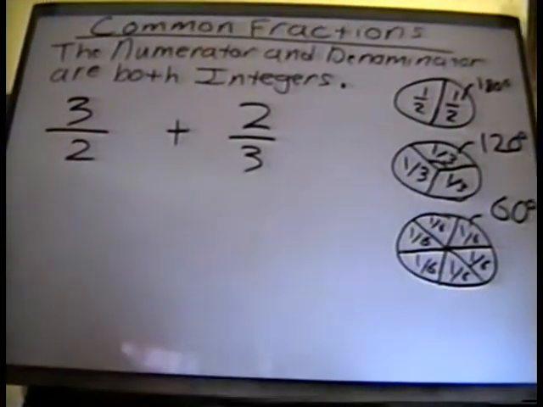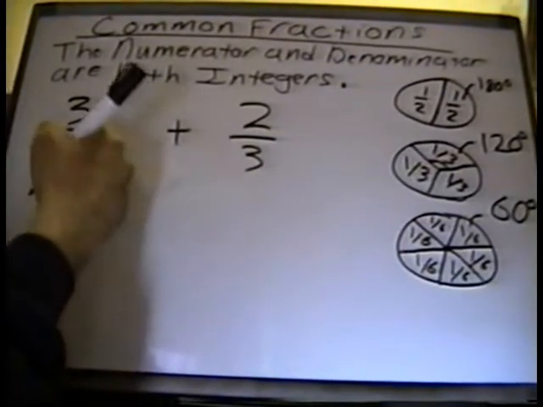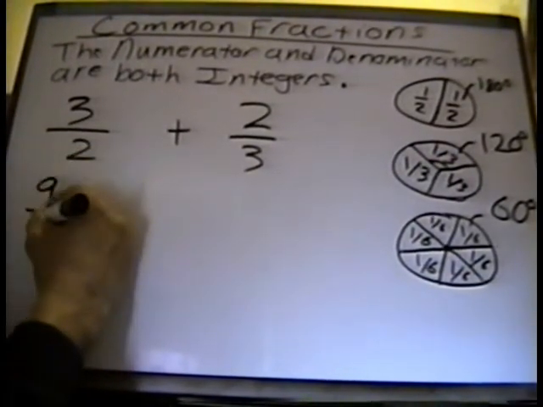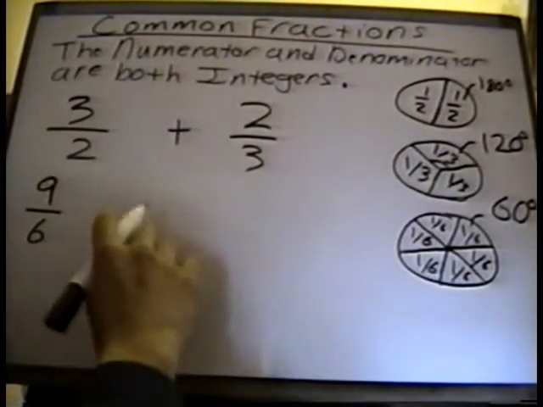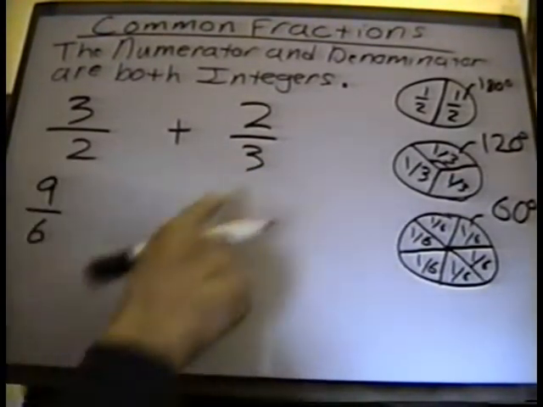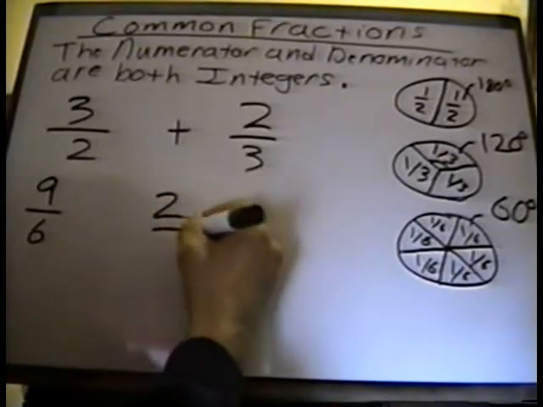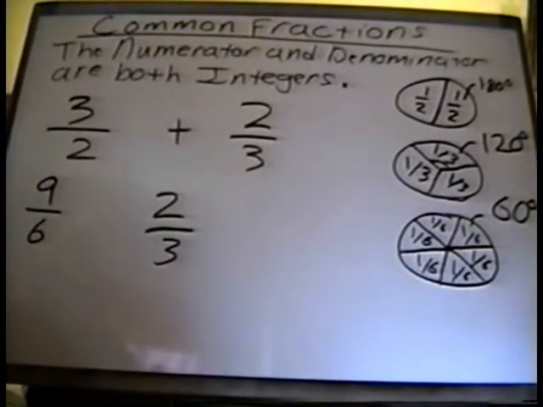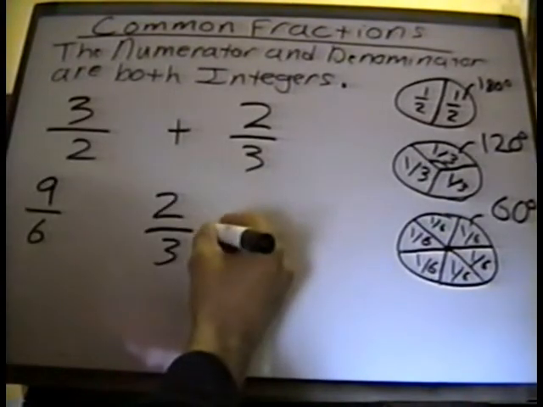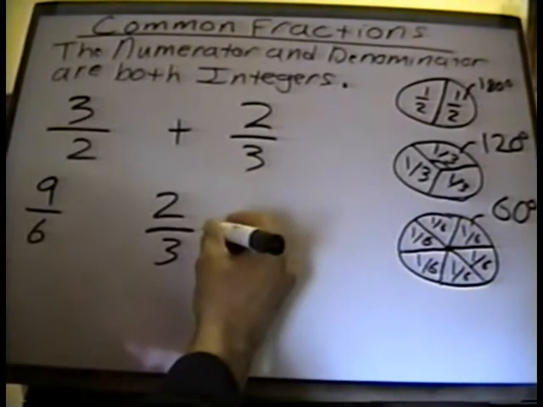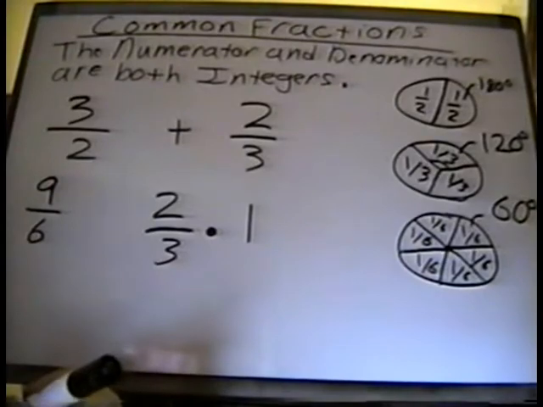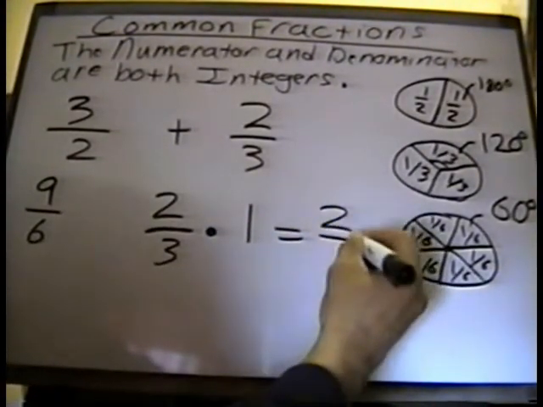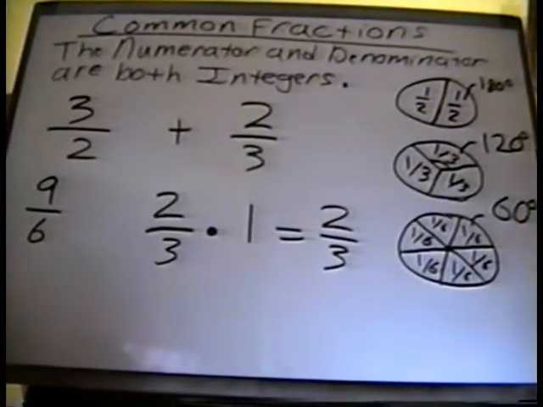Now we have 3 halves. We know that's going to be 9 over 6. Okay? Now we're going to block this out of the way, and we're going to deal with 2 over 3. Now, we want to convert this into an equivalent fraction by multiplying it by 1. Because multiplying it by 1 is not going to change it. Okay?